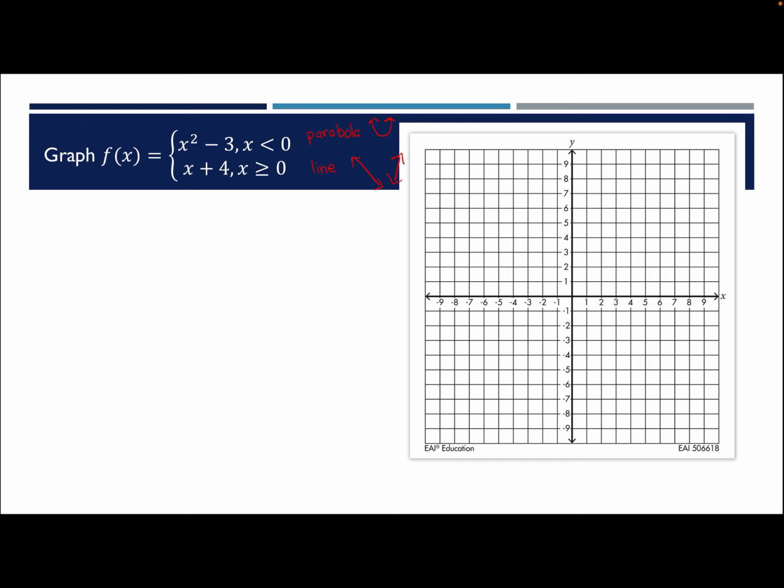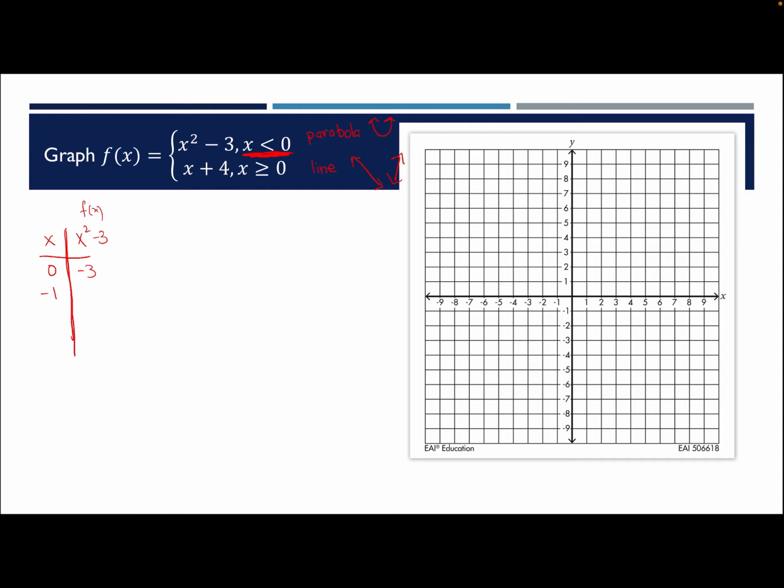So for the x squared minus 3, all of our x values have to be things that are less than 0. So we're going to make our table. We're going to have x, and for this one, we're using x squared minus 3. That's our f of x value. So x can be 0, but we're going to put an open circle. So when x is 0, we're going to get negative 3.